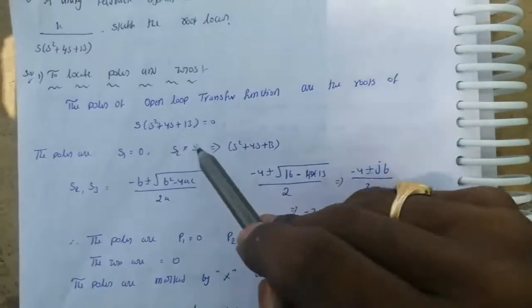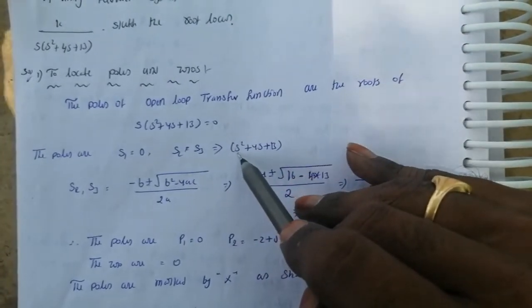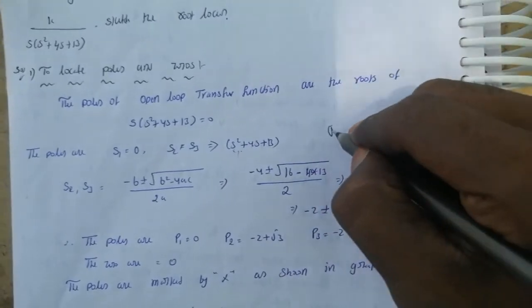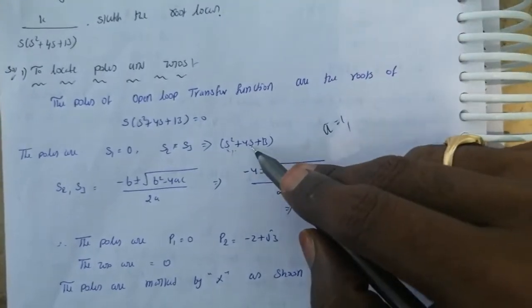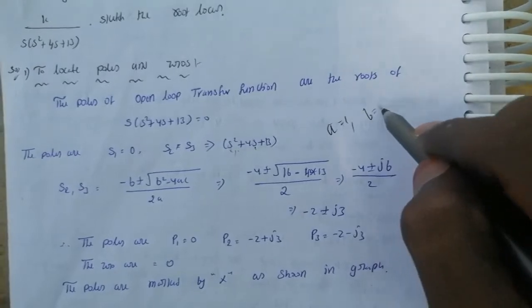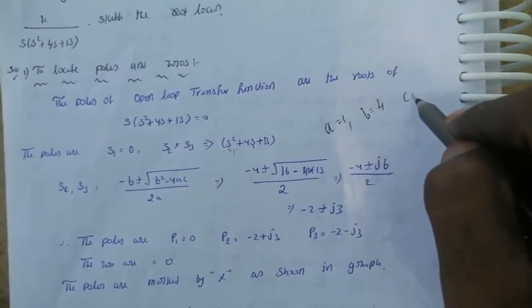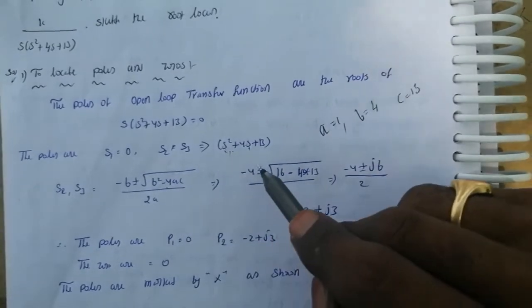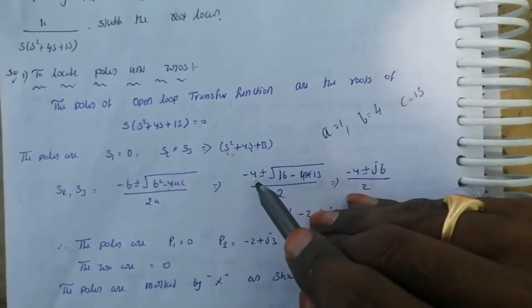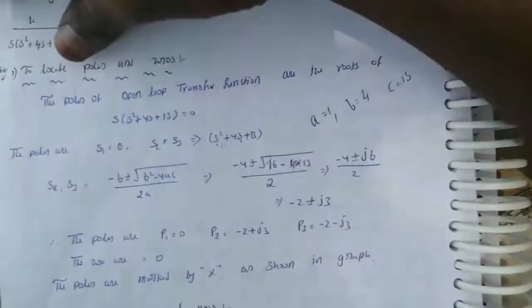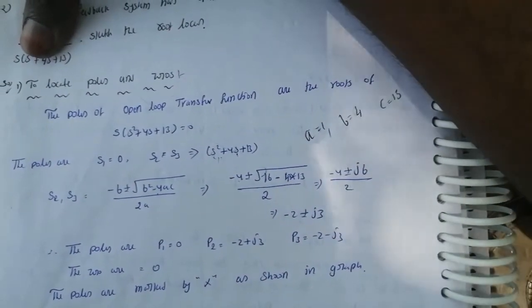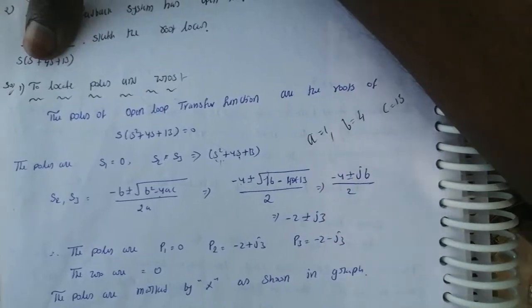In this equation the coefficient of s square is called a, and here a equals 1, the coefficient of the s term is b, which is 4, and the constant is c equals 13. If you substitute these values, minus 4 plus or minus square root of b square, that is 16, minus 4 into 1 into 13.